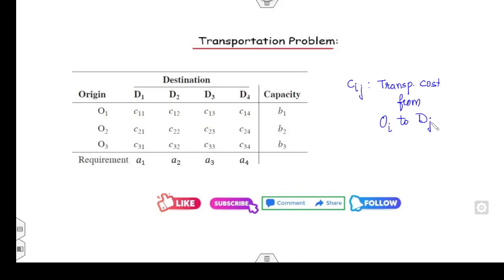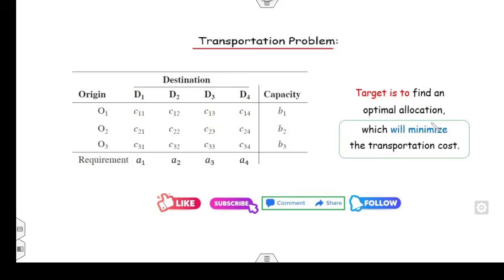Now our target is to find the optimal allocations which will minimize the transportation cost. We have to find the allocation in such a way that the capacity and the requirement are also fulfilled.